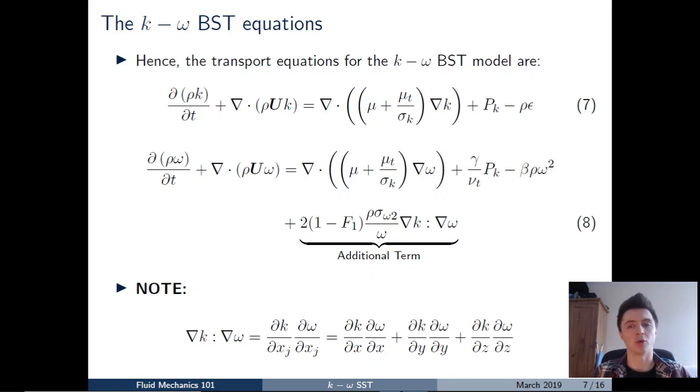In equation 9 you could also write it using Einstein's summation notation, or just write it out fully: partial k over partial x multiplied by partial omega over partial x, plus partial k over partial y, partial omega over partial y, and so on for the three terms. Of course, this will evaluate to a scalar value because it's a scalar transport equation. So if you ever see different notation used for that additional term, this is really what it means.